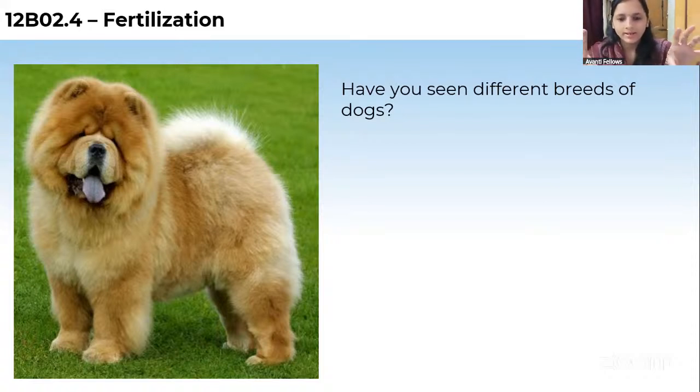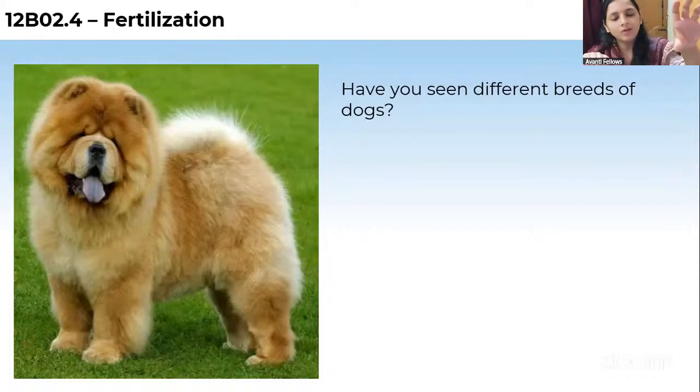So we cross the female dog from dog number one with the male dog from dog number two. The offspring that comes has both the characters, right? That we are doing is artificial hybridization.